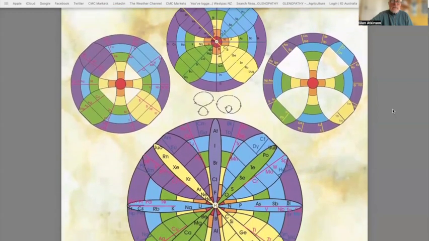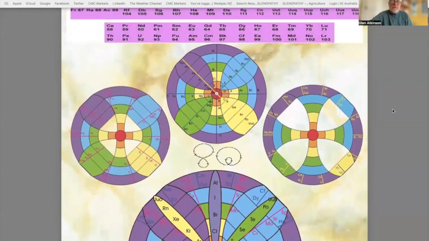Now, the next thing that we can do is, once we have looked at the trace elements and the lanthanides, and have organized them on a circle, then we can put these three things one on top of the other, because those elements that are in similar parts of the circle are going to have a similar resonance of activity, even though they might be functioning in a different dimension of the sphere.